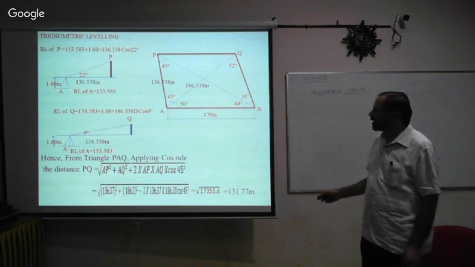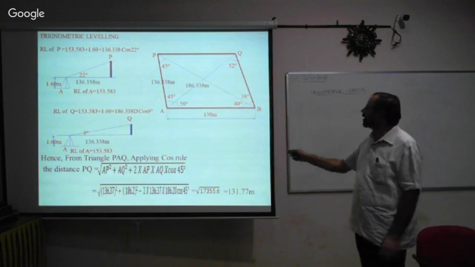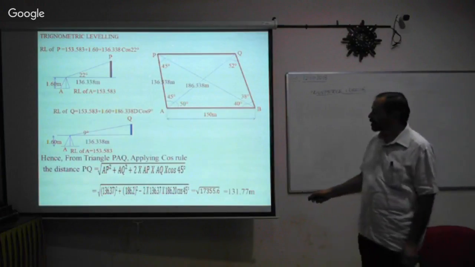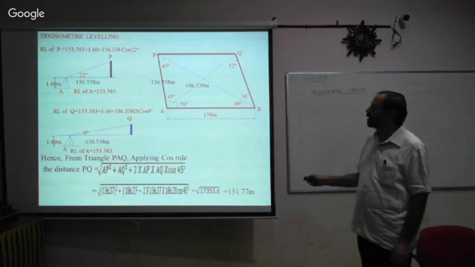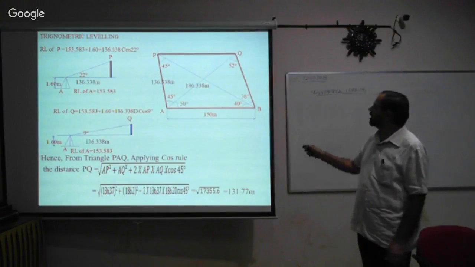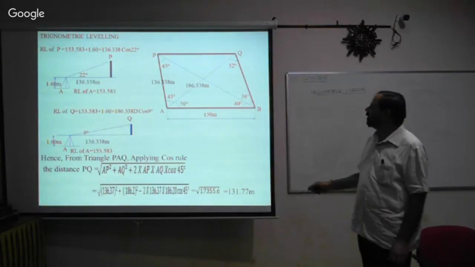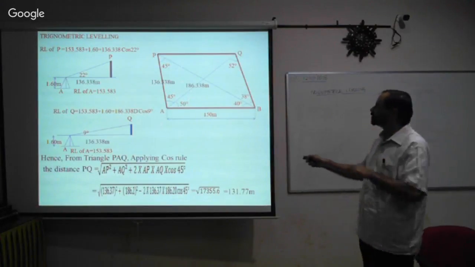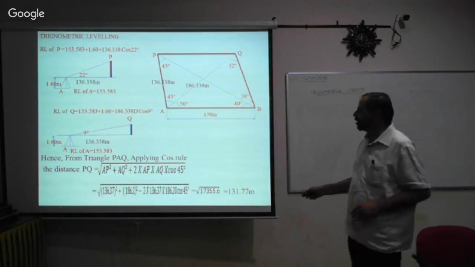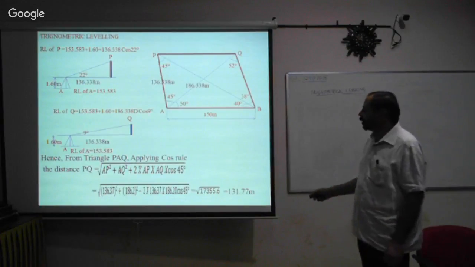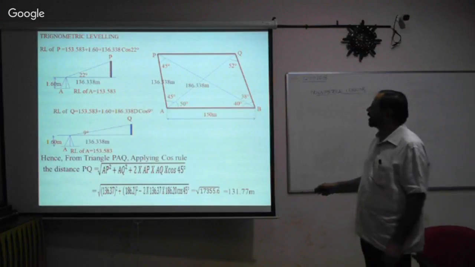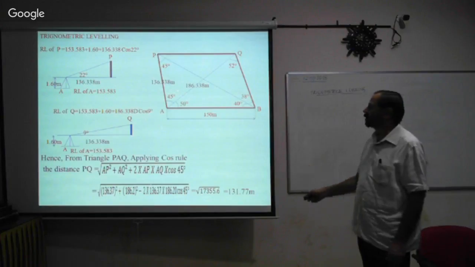Now, by applying cos rule, PQ is equal to under root AP square plus AQ square minus 2 AP into AQ into cos 45. This is minus, no? Now this is the cos rule, isn't it?